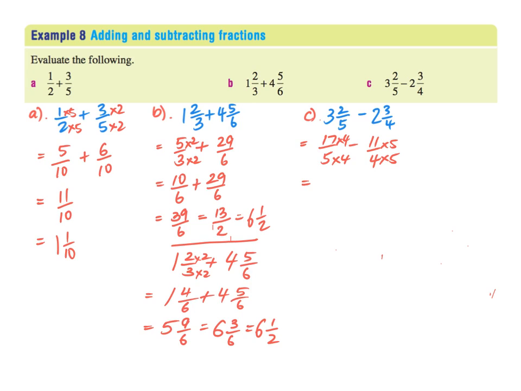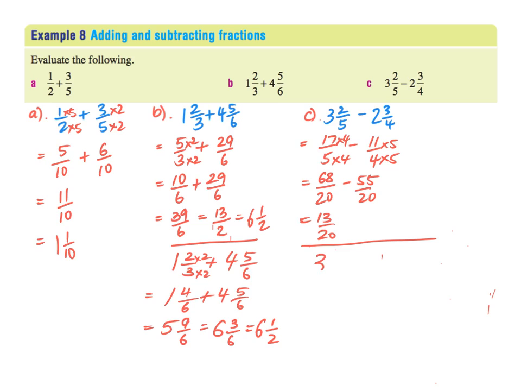So sometimes it is actually easier to use the second method. So we're still going to do it this way and finish it off. So it would be 68 over 20 minus 55 over 20, giving us a final answer here of 13 on 20, and we can leave it at that.